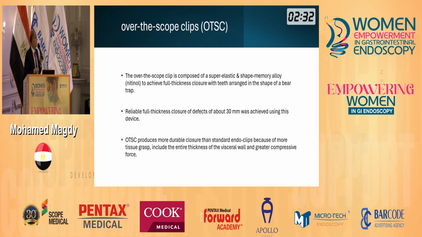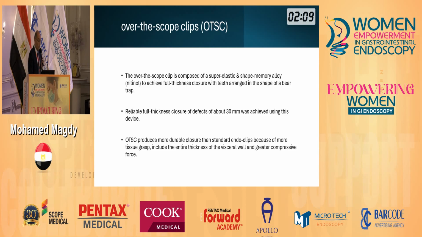Another type of clip is what's called the over-the-scope clip. This differs from the previous one. It can take the full thickness of the colon: mucosa, submucosa, and muscularis. So it gives more apposition for the perforation and can be used for large perforations.